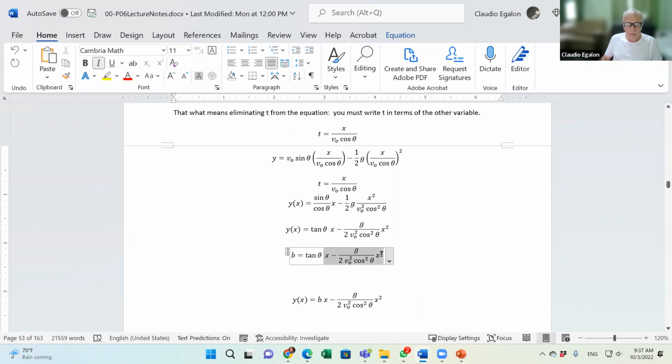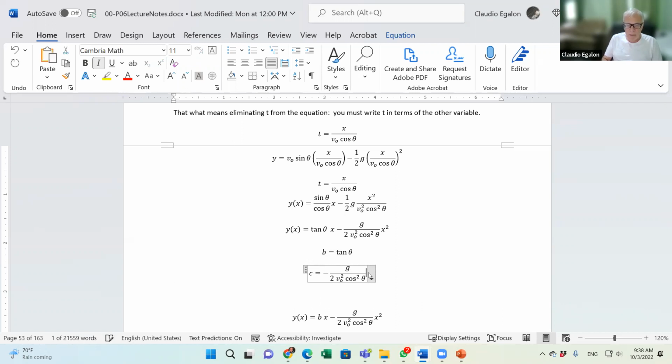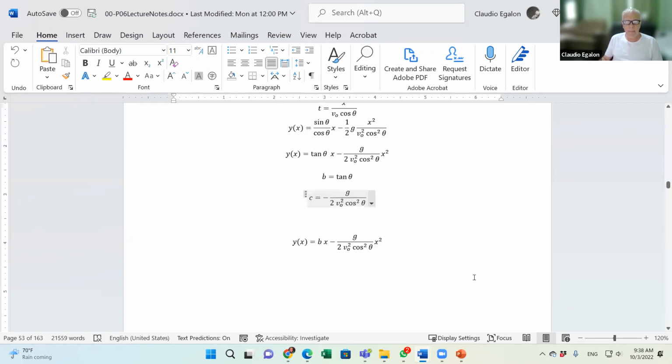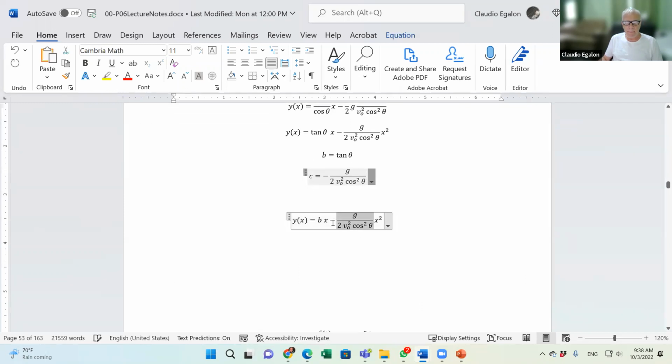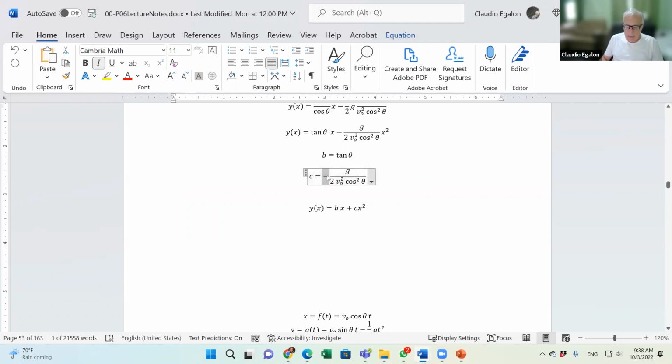B as being tangent of theta, and C as being minus G over 2V0 cosine square. Instead of writing C as a minus, I'm going to put C as equal to this guy here.